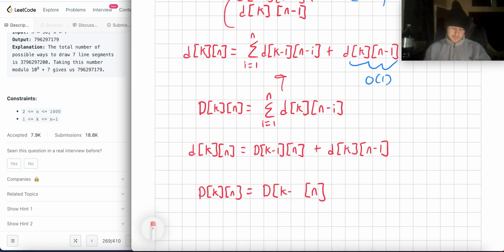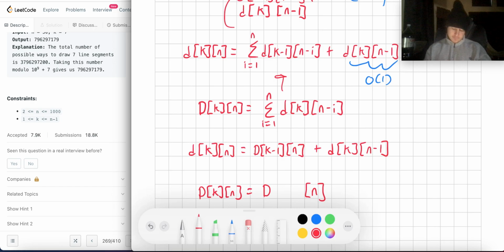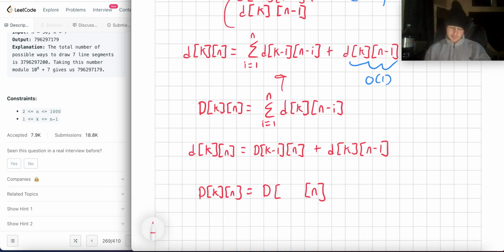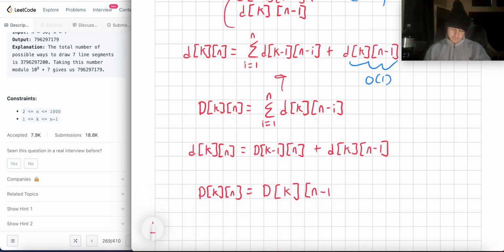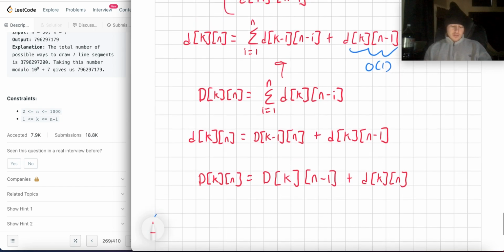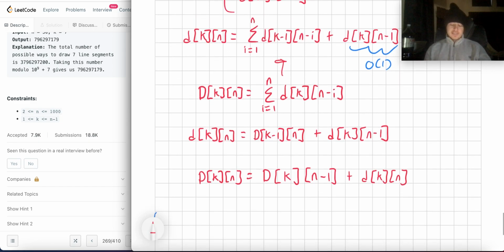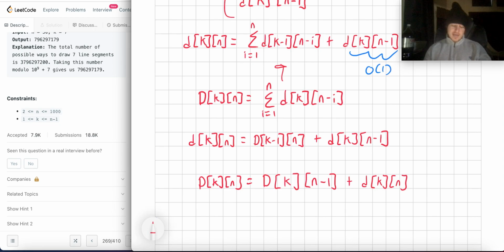So if it's all the way up to n, then the recurrence relationship here would be... Sorry, this is a very confusing problem, and I'm not articulating what's going on here very well. And I apologize. Okay, because I guess the idea is here, because what is dk of n minus 1?